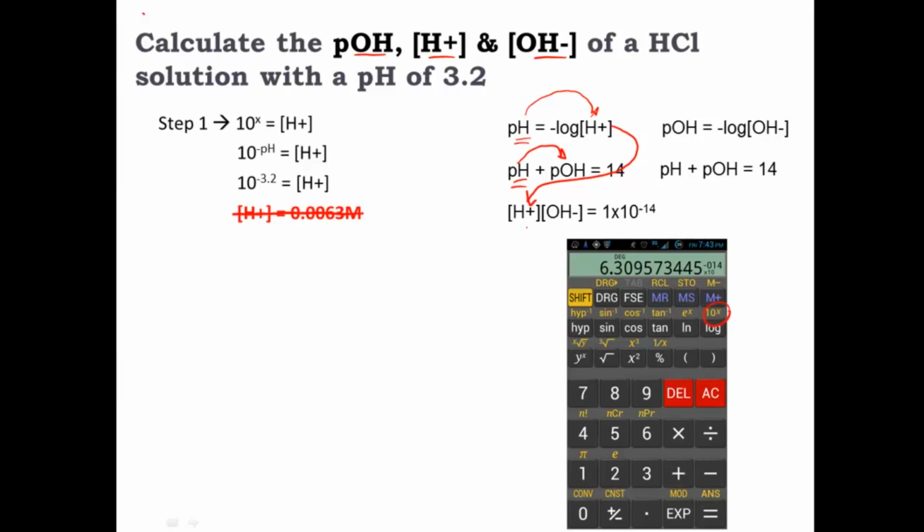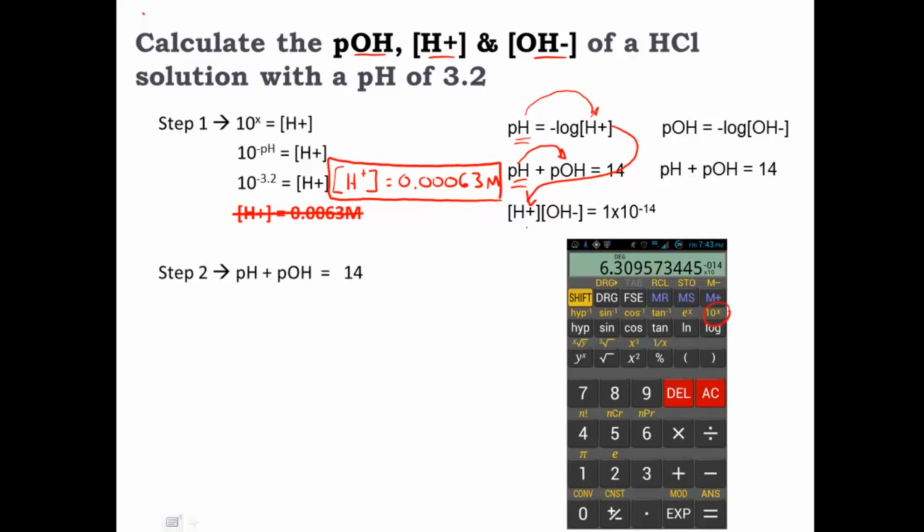Once I do that, I find out, I have a little typo here, that the H plus ion concentration was short of a 0. It should have been 0.12363 molar. That should have been the hydrogen ion concentration. It looked a little off to me.